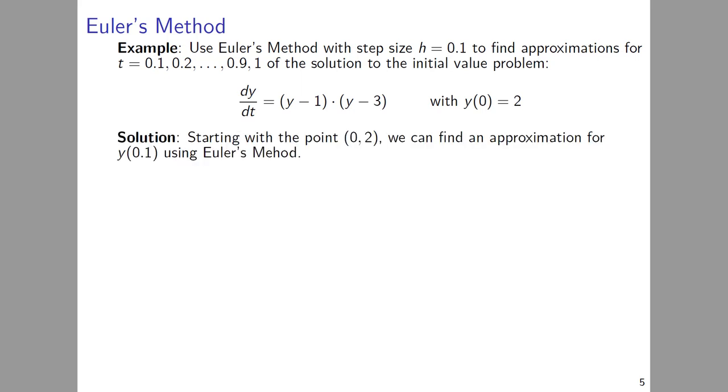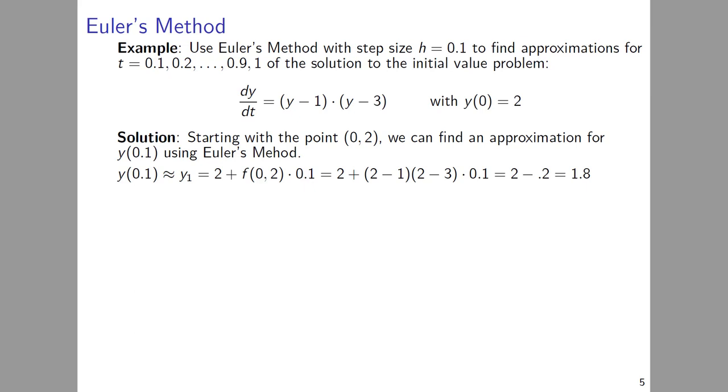Starting with the point (0, 2), we can find an approximation for y of 0.1 using Euler's method. y of 0.1, which is y1, is equal to y naught, which is 2, plus f evaluated at (0, 2) times 0.1. Here, our function f is (y minus 1) times (y minus 3), so f at t equals 0 and y equals 2 is (2 minus 1) times (2 minus 3). So we have 2 plus (2 minus 1)(2 minus 3) times 0.1, which is 2 minus 0.2, or 1.8.